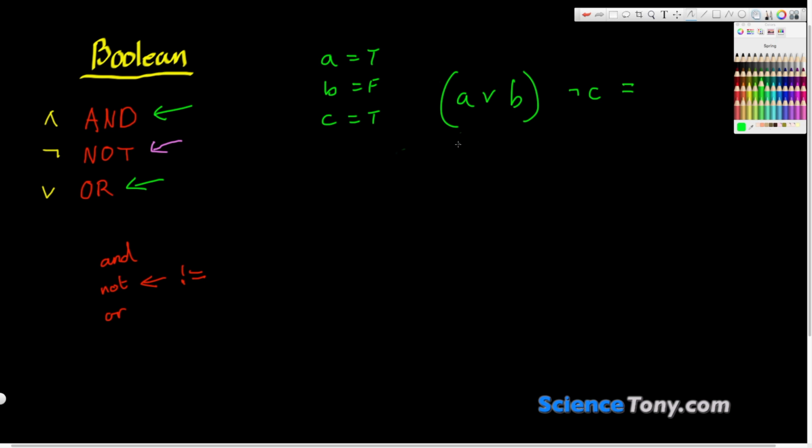So if we have a look at it, A is true or B is true. So this is going to evaluate to true because A is true. Only one of them needs to be true. C is not true. So C is going to evaluate to false. So if this here was an AND, this whole thing would evaluate to false.